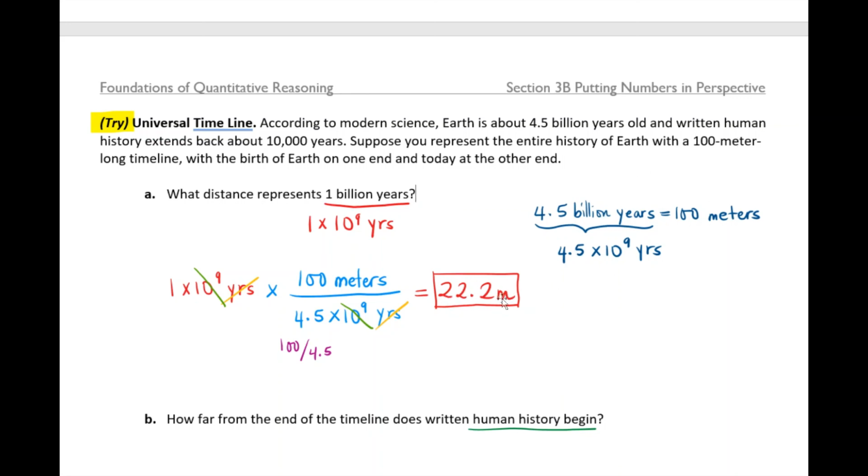That represents 22.2 meters. And of course, a natural question: how long will the human history be on this timeline? In that case, you will change this 1 billion years into 10,000 years. Can you check that quickly? Try this problem.